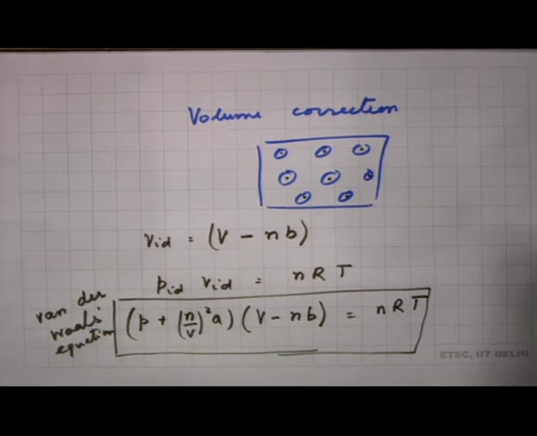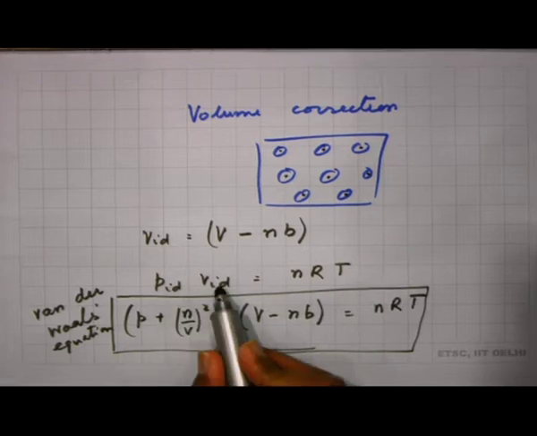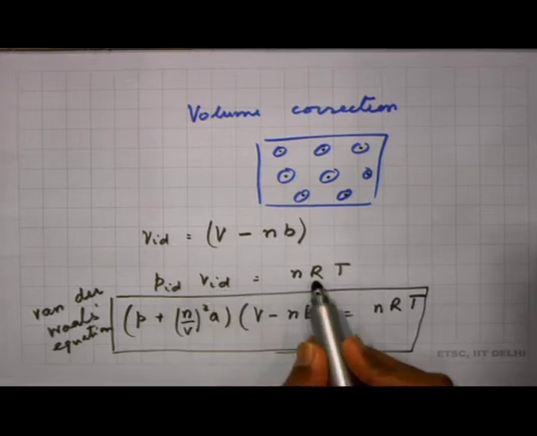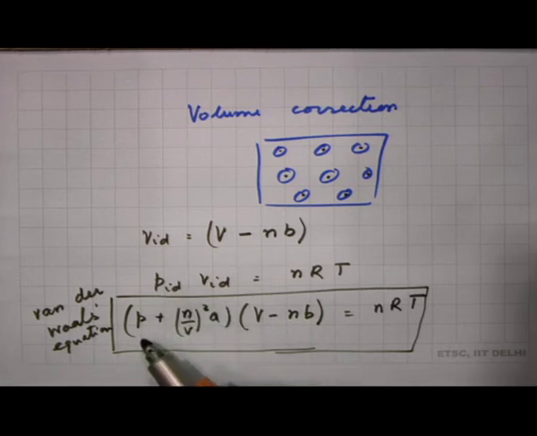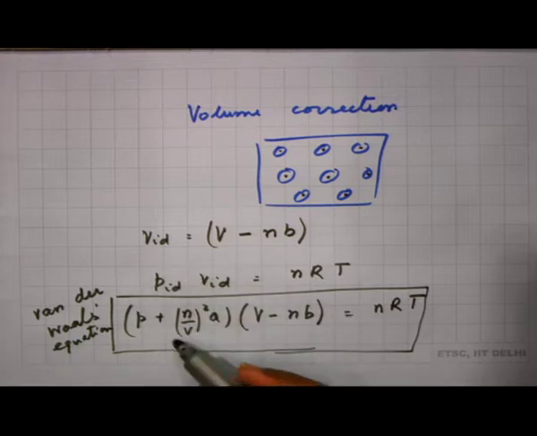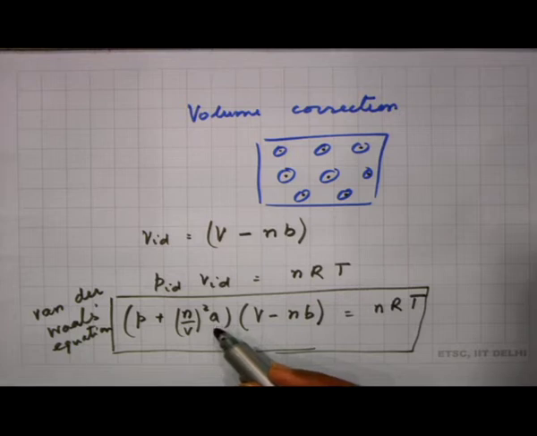It is very straightforward to remember this equation of state. What do we see? Think of it as ideal pressure times ideal volume is equal to nRT. How are we correcting the pressure? If you want to get the ideal pressure, you have to take the true pressure and add a factor which is proportional to the number density times some parameter which measures the intermolecular force.